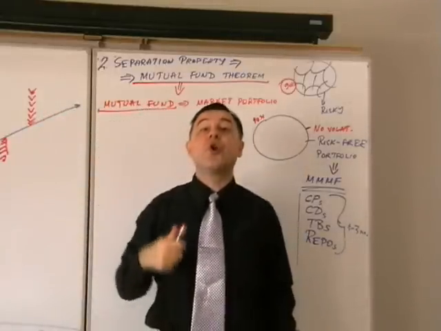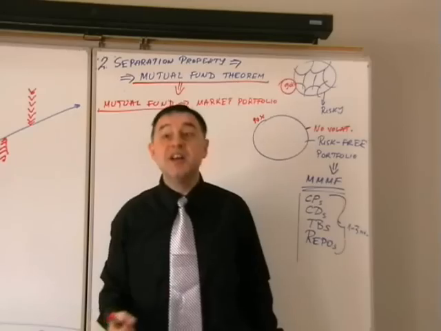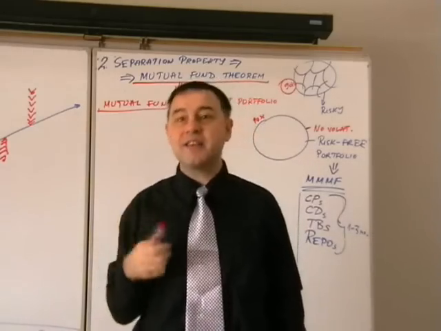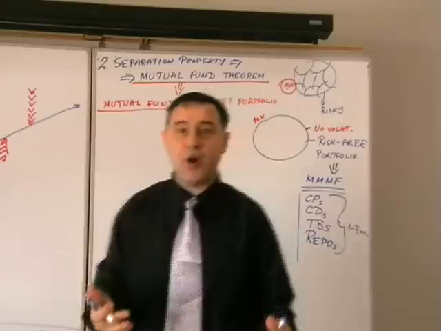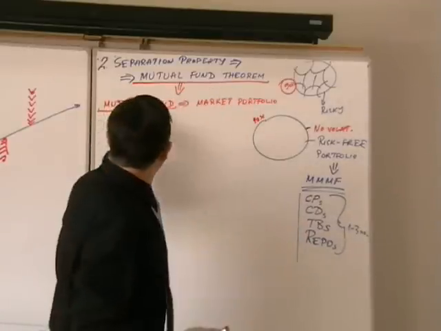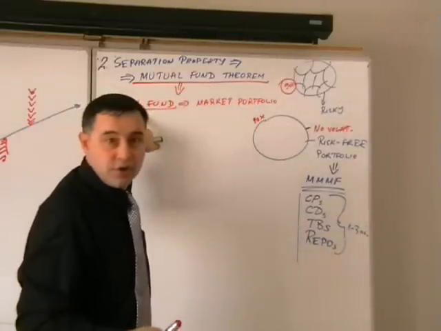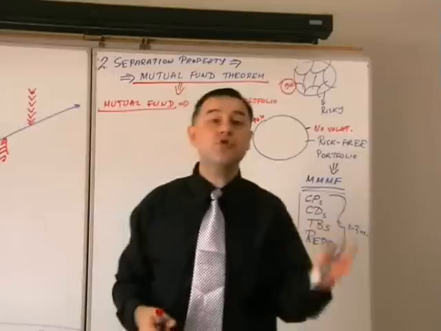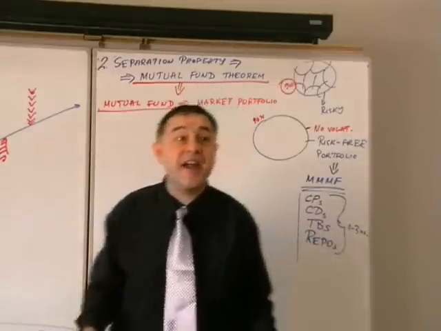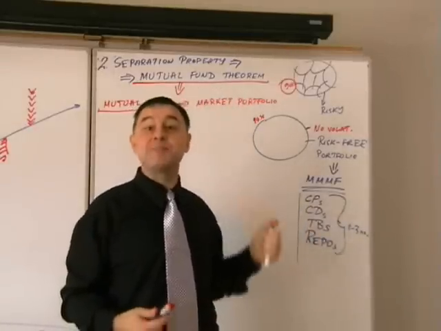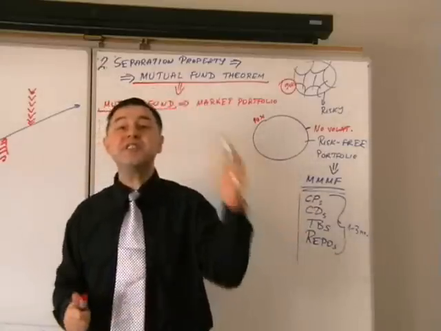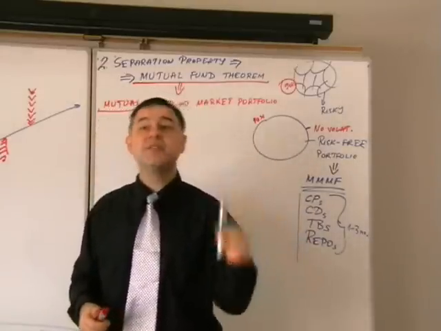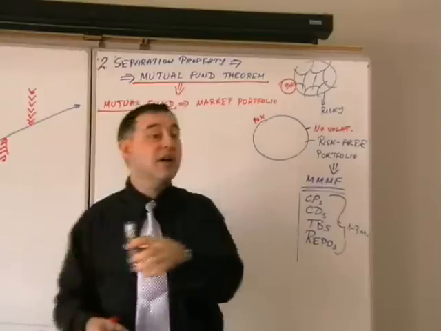In other words, for all investors, it turns out that one can construct one universal portfolio. It will be held in a mutual fund, and one mutual fund can satisfy the investment needs and provide an optimal portfolio for every single risk-averse investor.